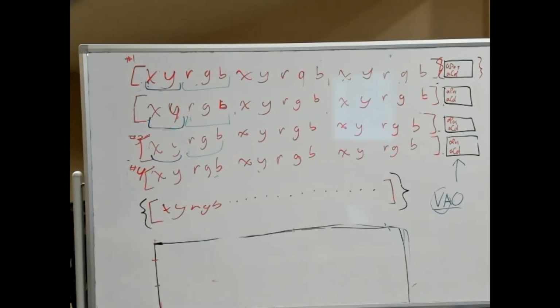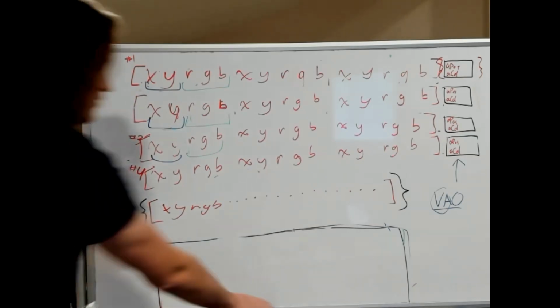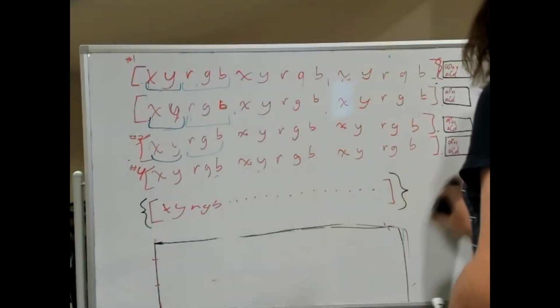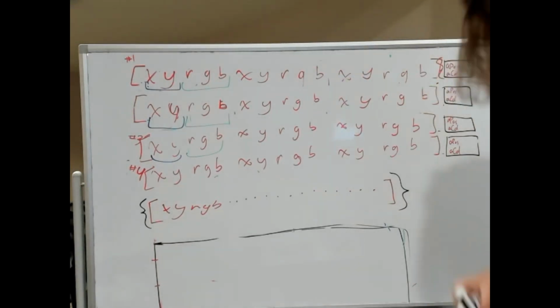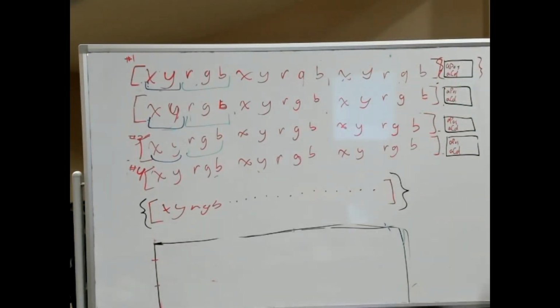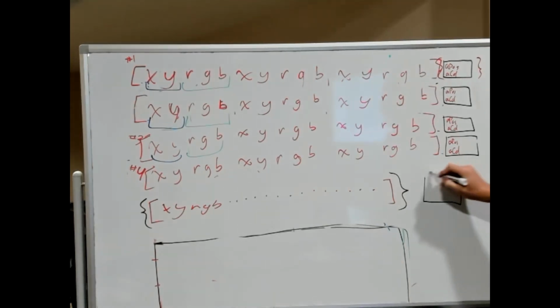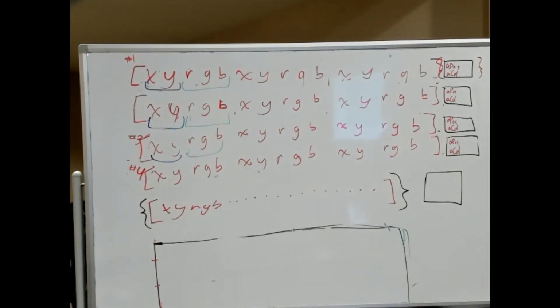And now we call GL dot create vertex arrays. We create one of them. We make a vertex array, which gives us a little black box. And then technically we would also call use program, which I've been drawing as these little curly braces.